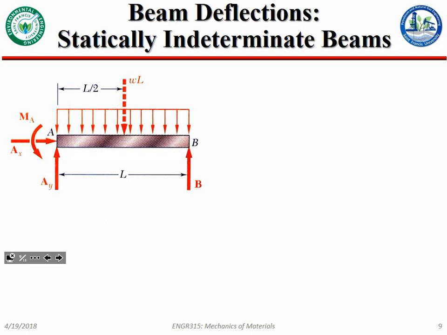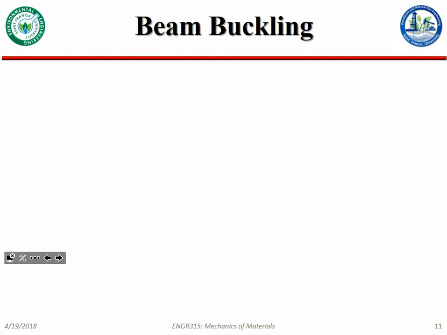Unfortunately, I don't think we're going to have enough time to do it because I really want to talk about buckling. I might say I want to buck the curve or something like that. So if you want to look at it, it's in your book. It won't be on the test or on homework, but it's an interesting thing. It also lets you play with fourth derivatives, which are kind of cool to say you've done. Anyhow, that's it for beam deflections.